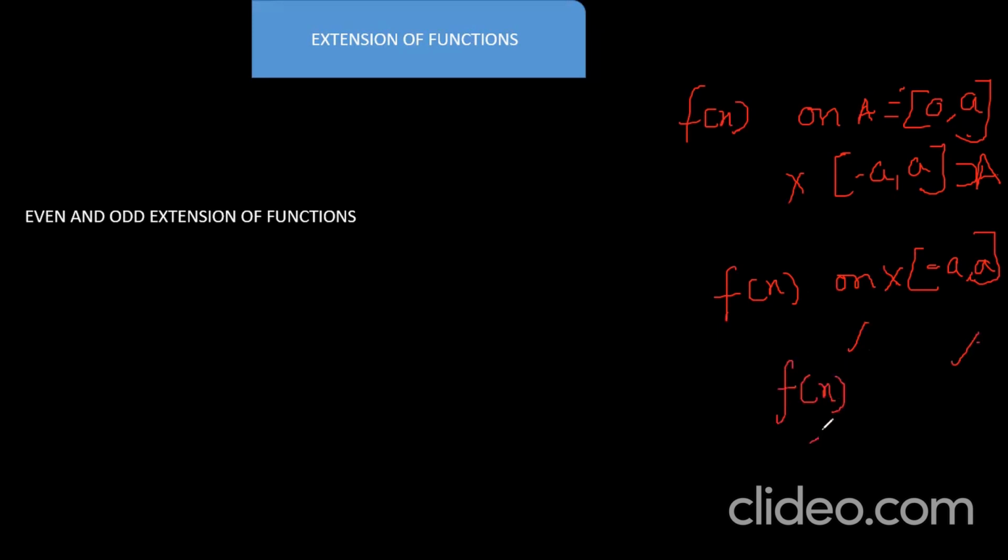If f of x becomes an even function, then this is an even extension. If f of x is an odd function, it is going to be an odd extension.